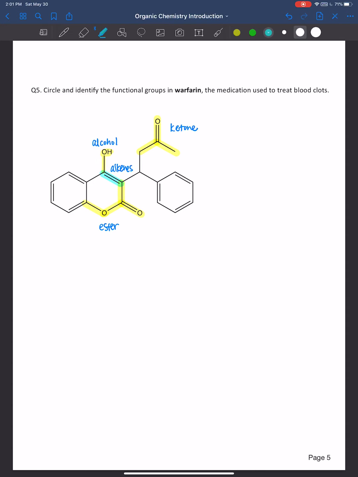In addition, this ring here is an aromatic hydrocarbon, and we have another one over here. These are referred to as arenes. They react differently than alkenes. The AR part stands for aromatic, right?